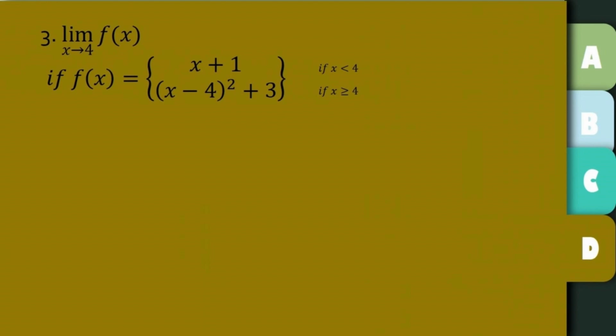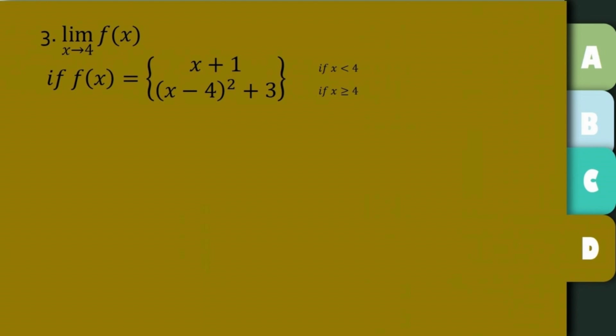Since f of x is x plus 1 for x less than 4, that piece is used from the left. Then if x is greater than or equal to 4, use that f of x from the right.